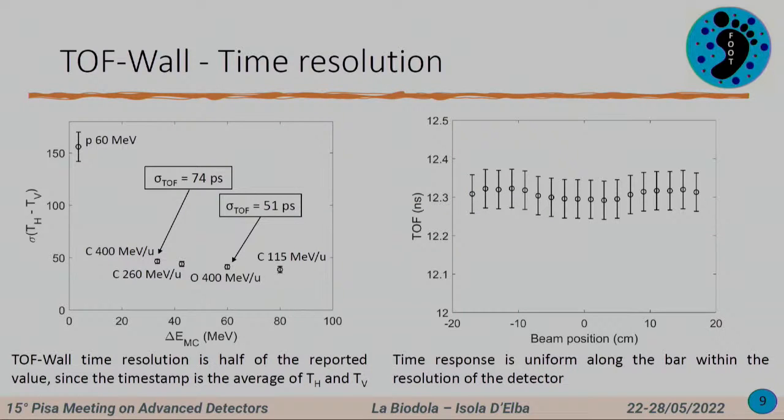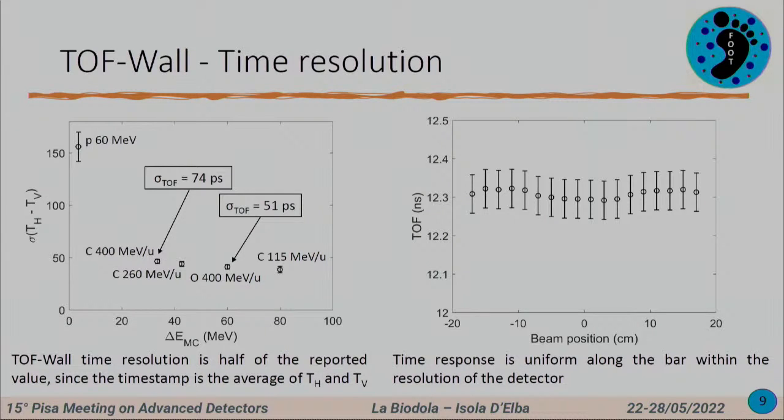I start with the results concerning the time resolution. We plot here the time resolution of one layer of the top wall detector with respect to the other layer of the top wall. And the scale is picoseconds, of course, sorry.